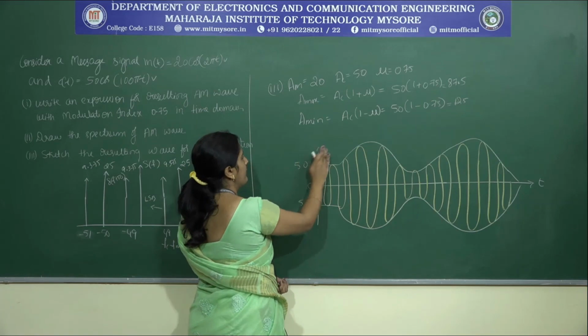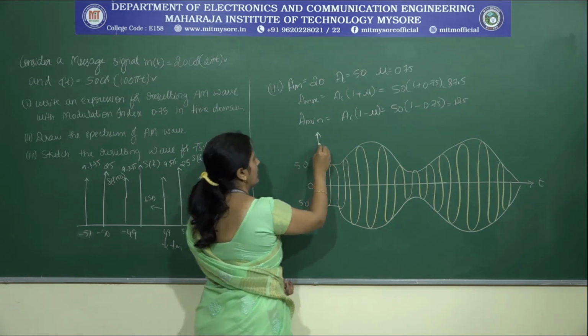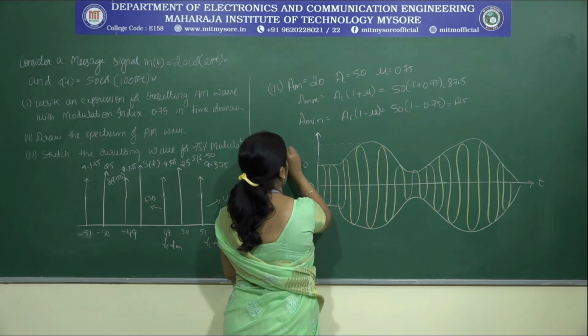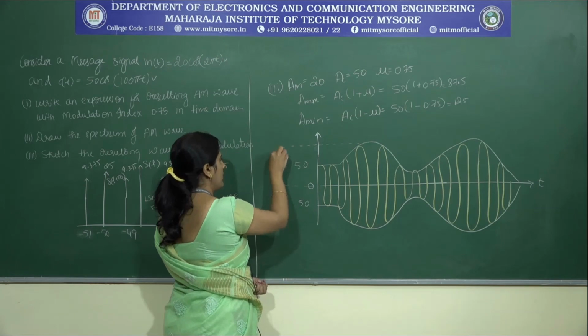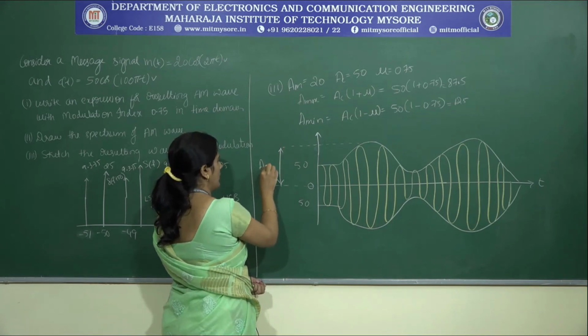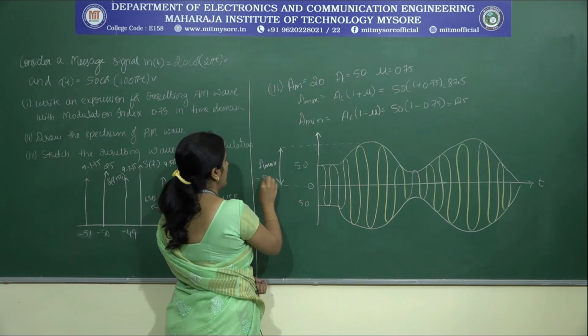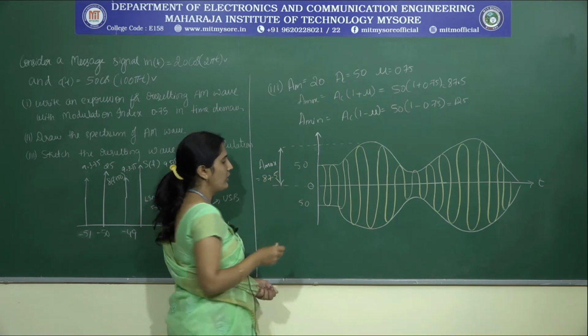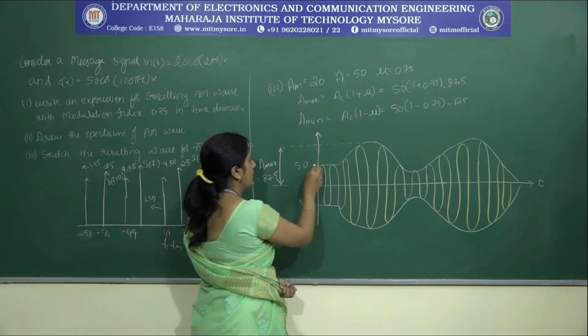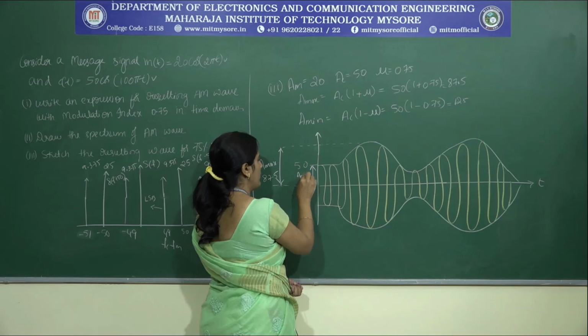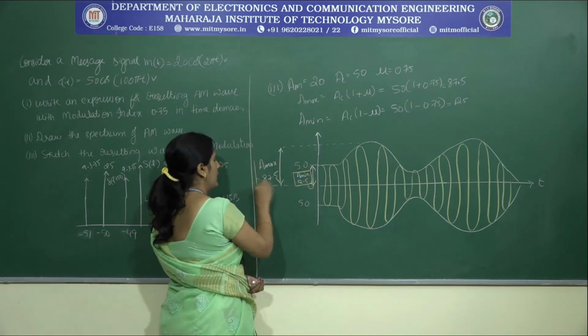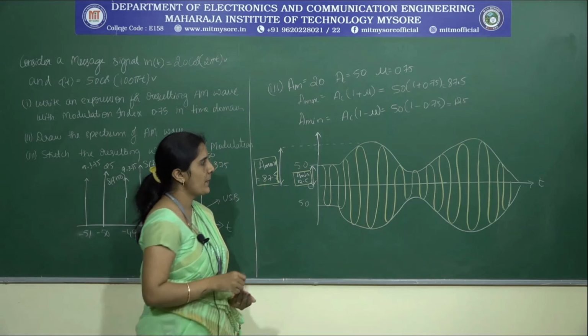Here you can see A max, this is our A max. How much are we going to get? This is the value we have got here from the equation, 87.5, and this is our minimum amplitude. A minimum is equal to 12.5. So this is how we are going to represent both the values of A max and A minimum.